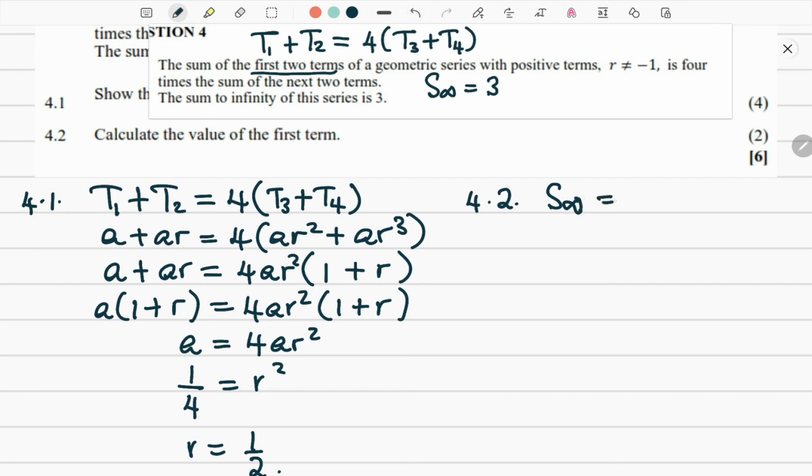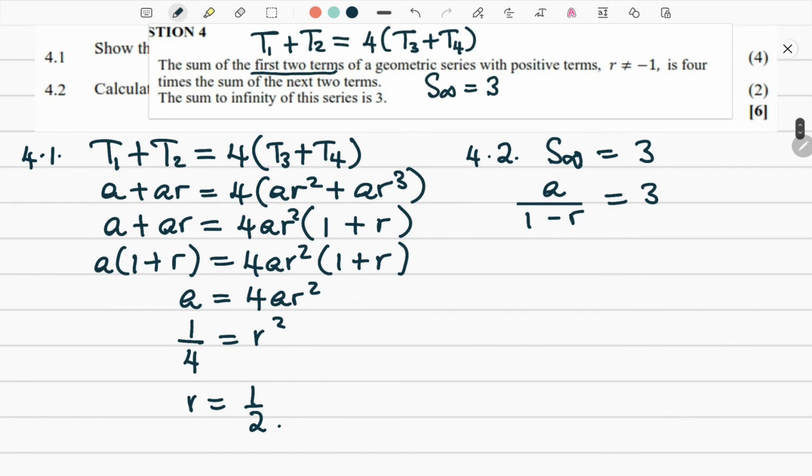Sum to infinity is given by 3, meaning a over 1 minus r equals 3. The first term is a, and we need to calculate a.